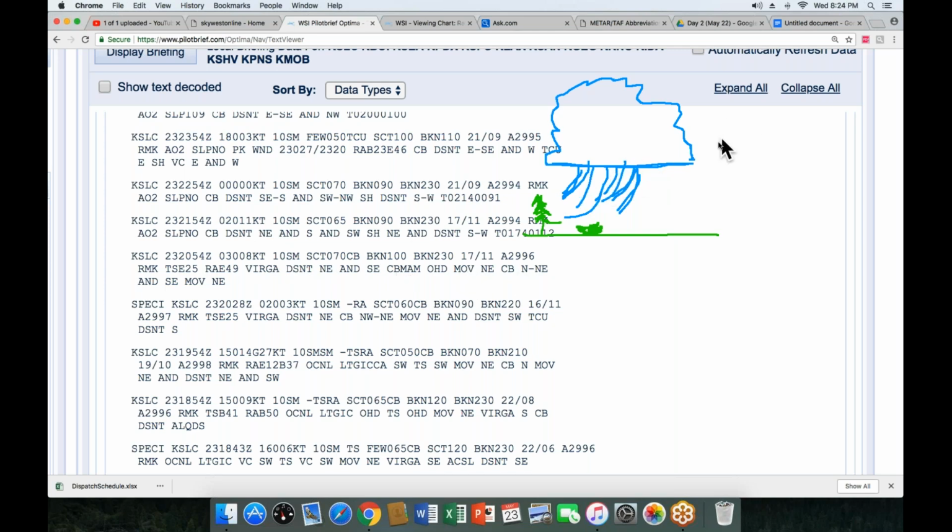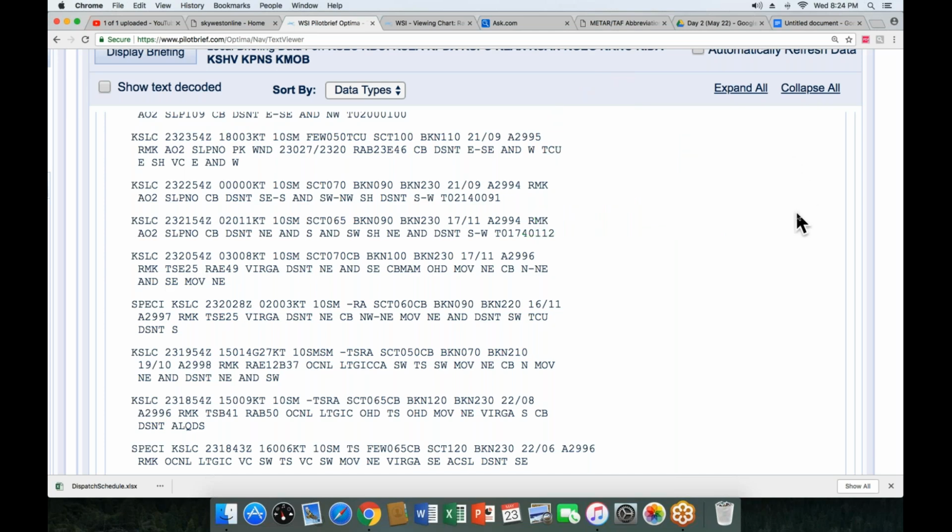Okay, so Virga, remember what Virga is? It's rain that's falling but not reaching the ground. It's evaporating before it reaches the ground. Okay? The cumulonimbus, ma'am.